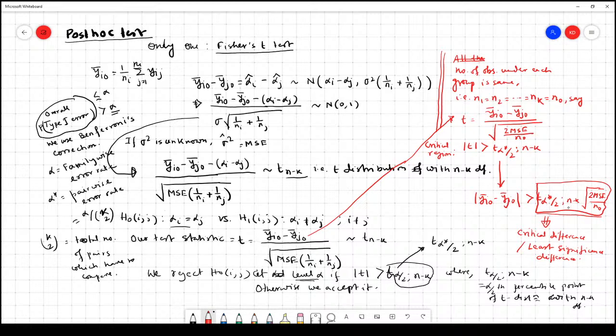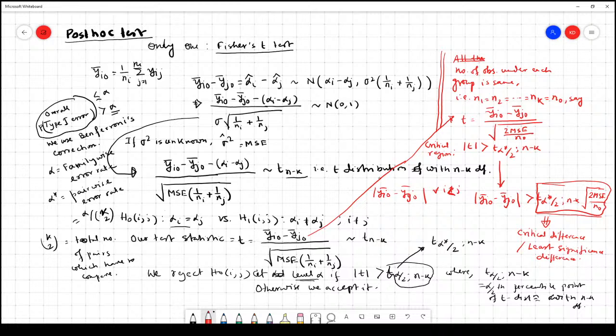Because it does not depend on ij, this value is called the critical difference or least significance difference. In that case, you just compute all the pairwise differences, that is yi naught bar minus yj naught bar, i not equal to j, i less than j.